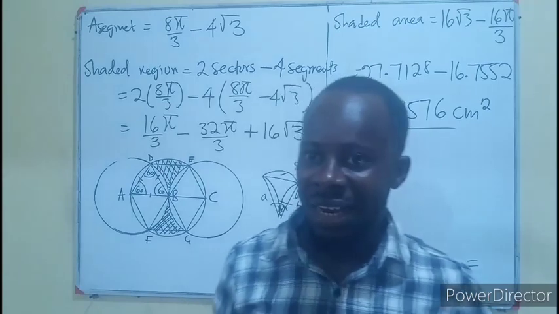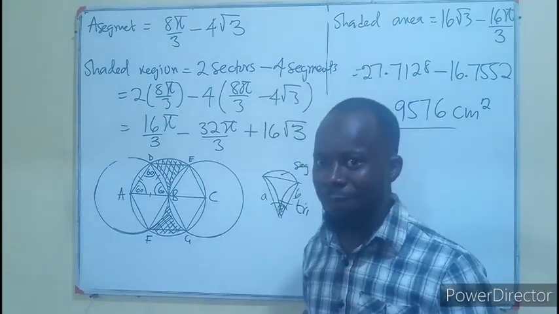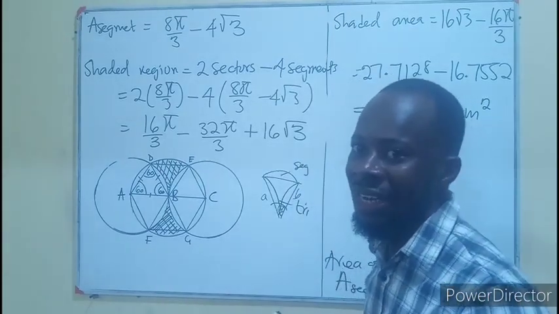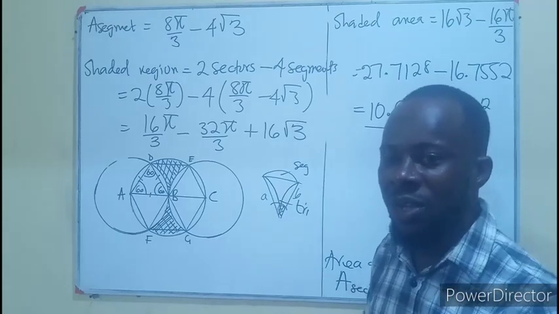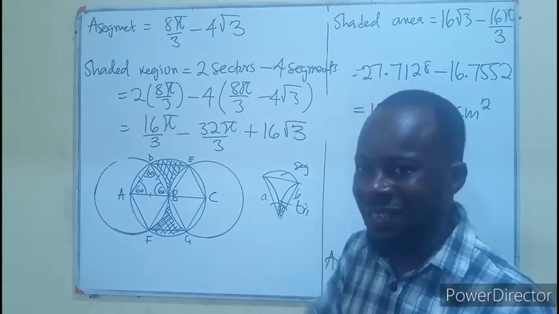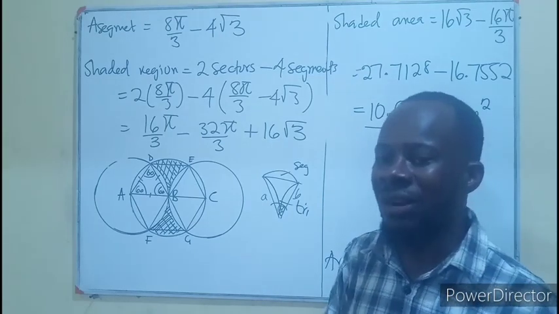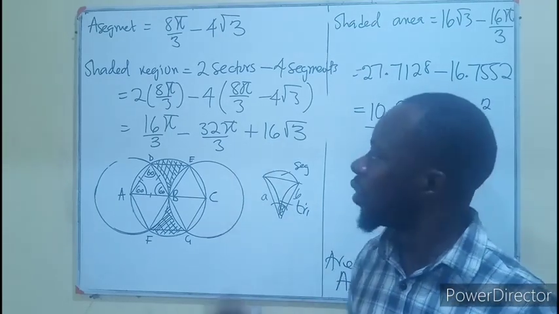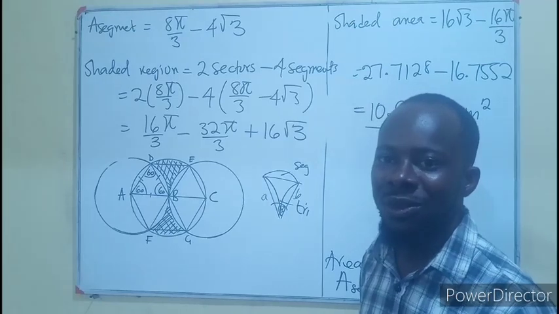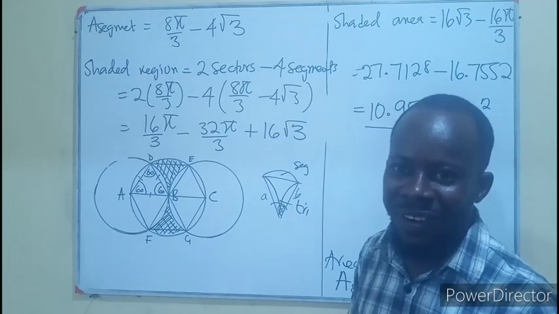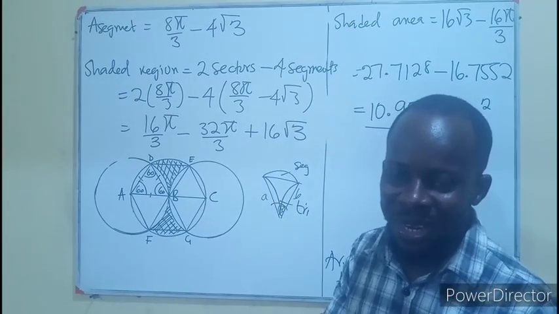I believe this is clear when they come to mensuration, using the area of a triangle, sector, and a segment. Using the ideas of equilateral triangle as well, we are able to find a solution to this question.